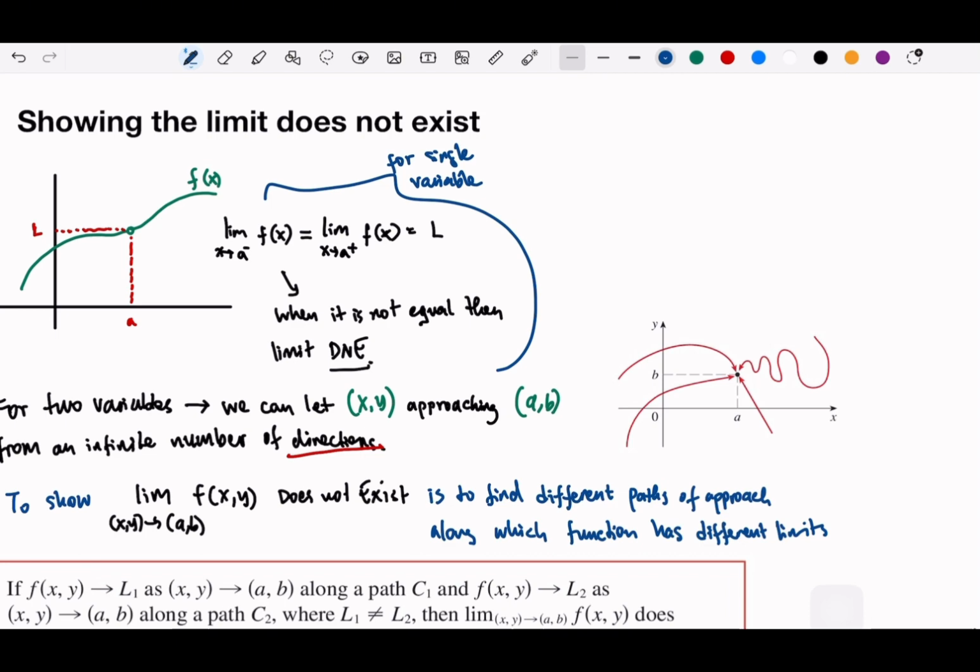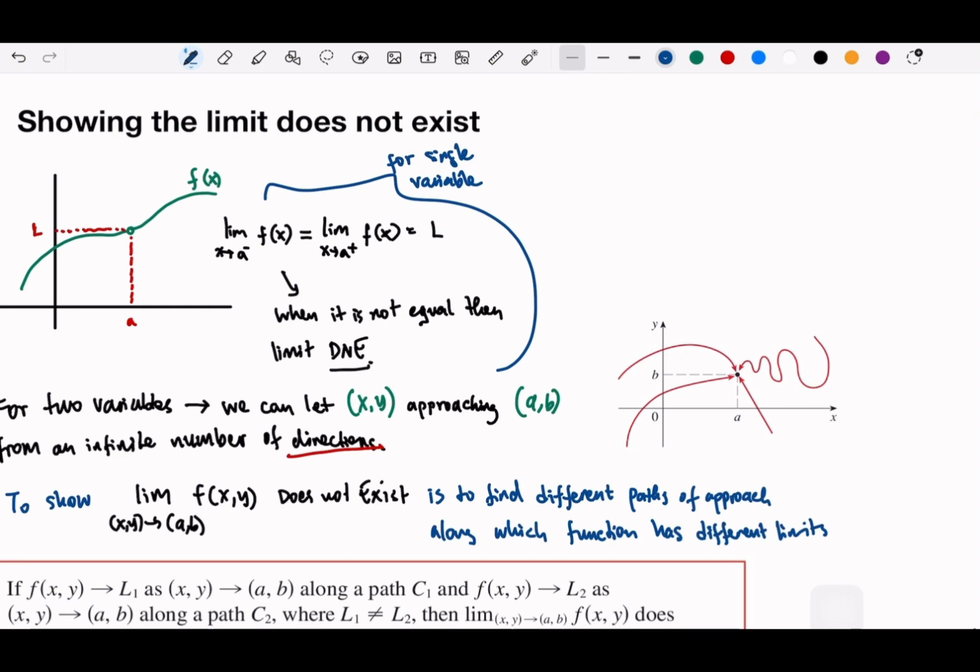Now what can we do? What we can do is choose the path. So what is the path? The path means any equations, usually quite simple, that we can substitute between x and y. It could be line equations, like maybe y equals x, so that we can substitute x and y and evaluate the limit.